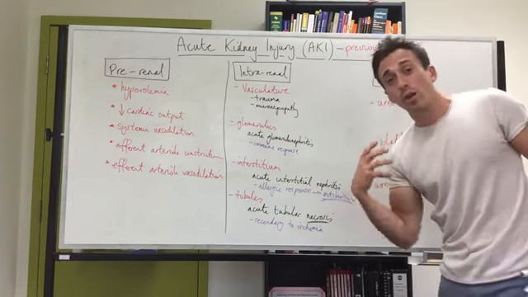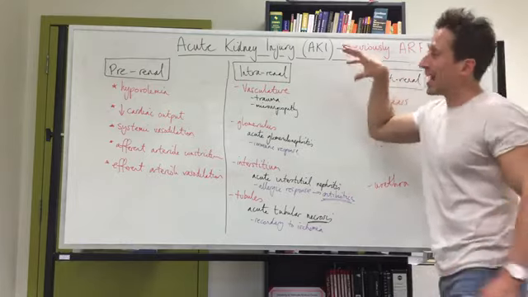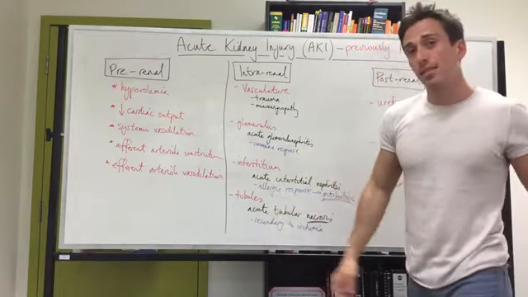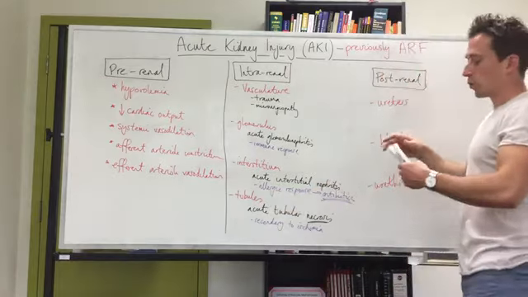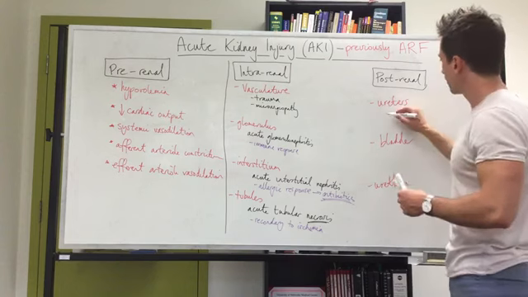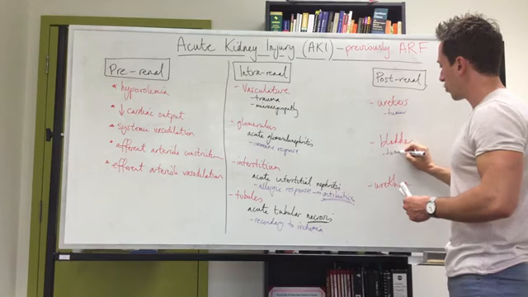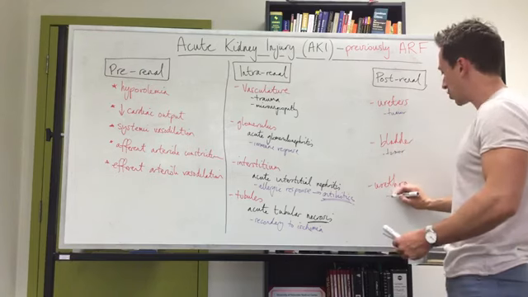And it's going to be some sort of obstruction. And if you obstruct these, then again, the pressure is going to work its way back and start to damage the kidney itself. So, what could happen? Well, in all three, you could have some sort of tumour. Right? So, some sort of tumour is going to cause an obstruction, potentially.